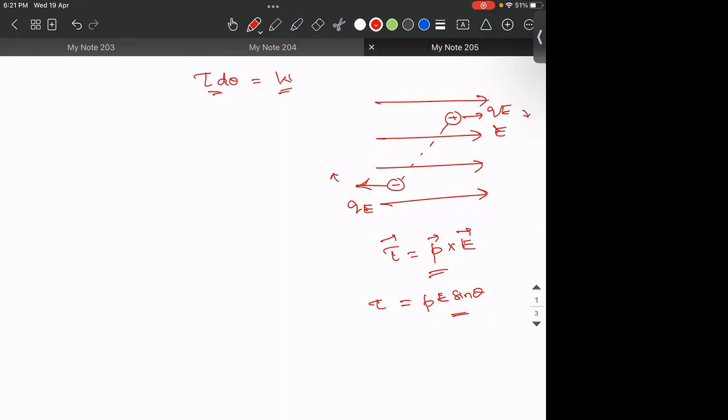So, what will happen in this scenario is there will be some work which is being done on this material, and that work will get stored in some form of energy. What energy is it going to get stored as? It will get stored as the electrostatic potential energy.